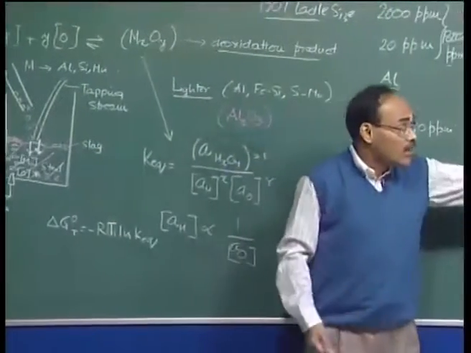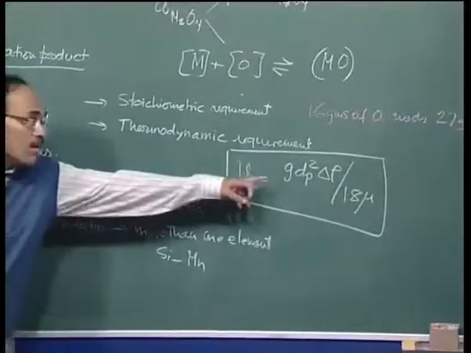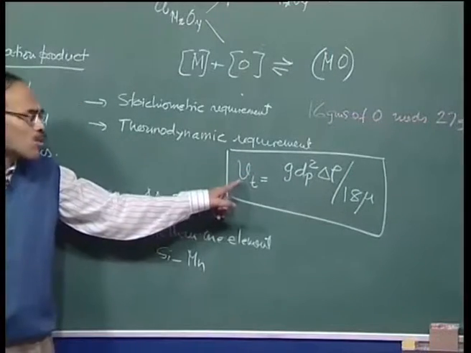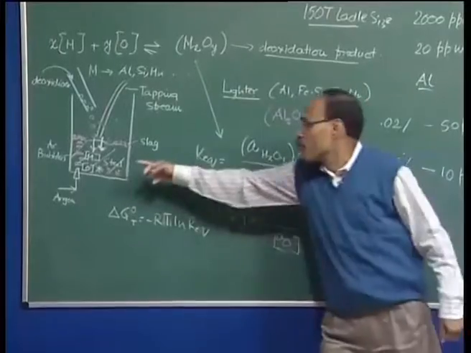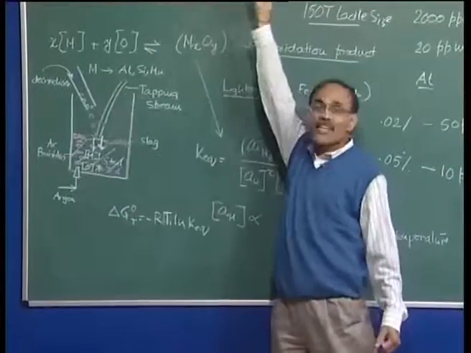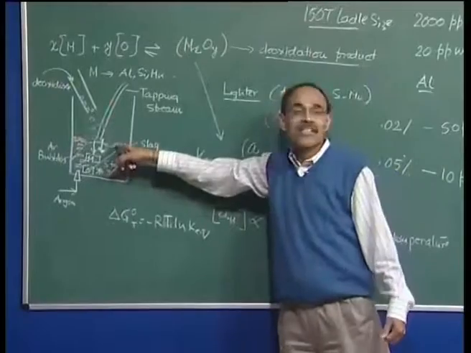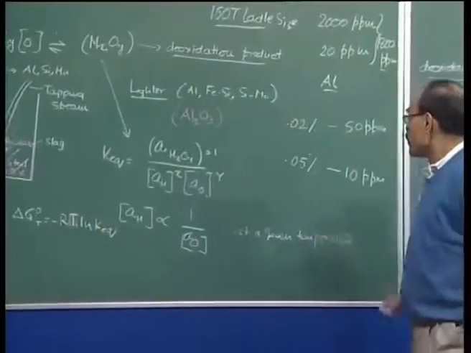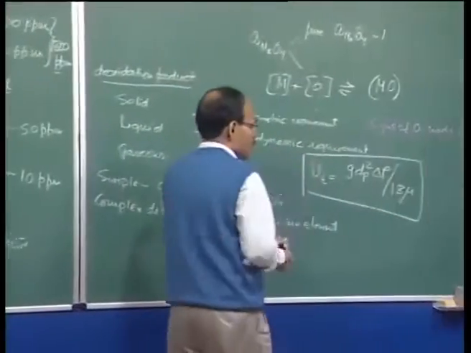On the other hand, if the inclusion size is 200 or 500 microns, for example, their rise velocity is going to be so large that in 1 to 2 minutes they should be able to cover the entire depth of liquid and come up to the slag metal interface where they can get absorbed.